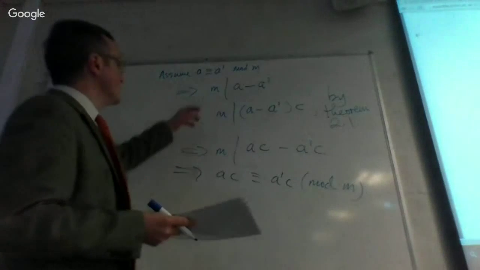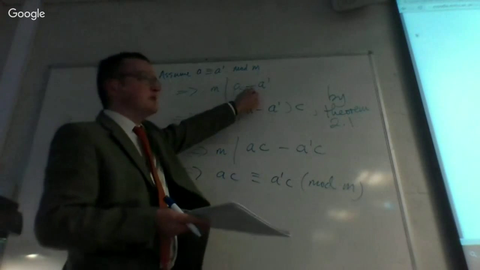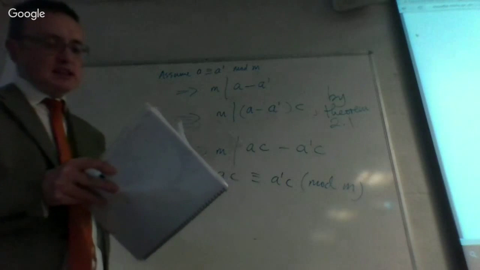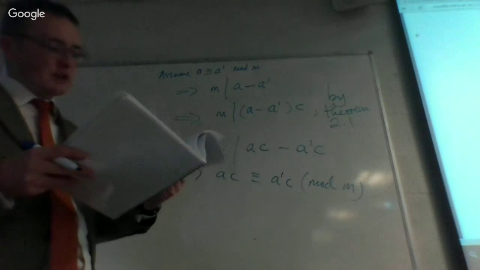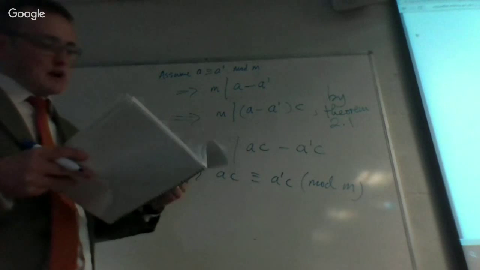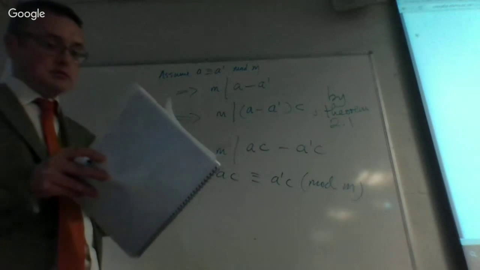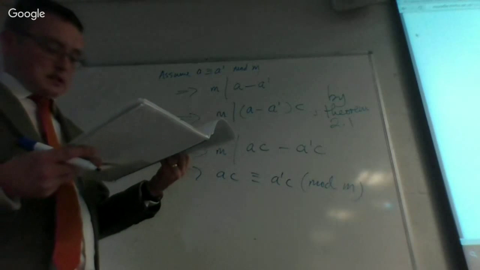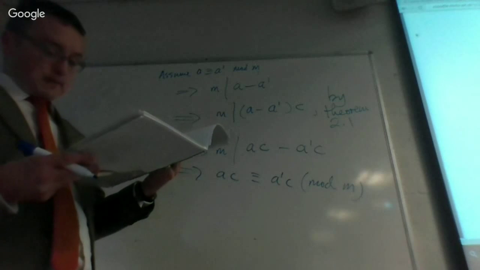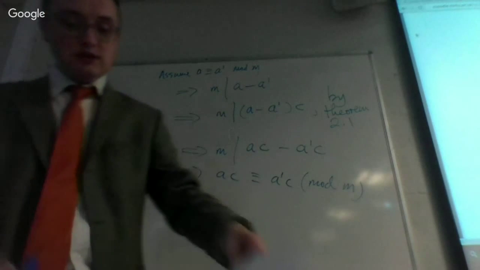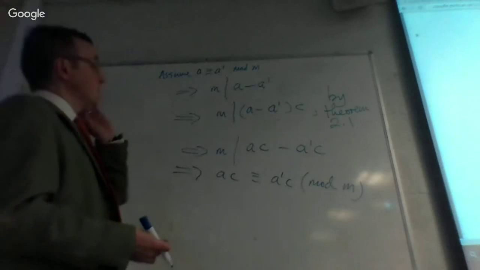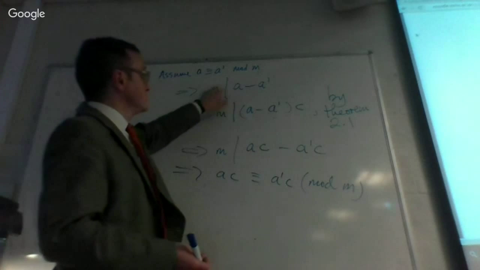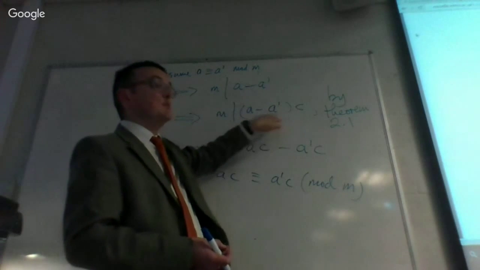One of those is that if you have some number dividing some other number, it also divides any multiple of it. It's an example of part 3 of Theorem 2.1, which in general talked about divisibility being preserved under forming linear combinations. So M divides this one number, so it's going to divide any multiple.